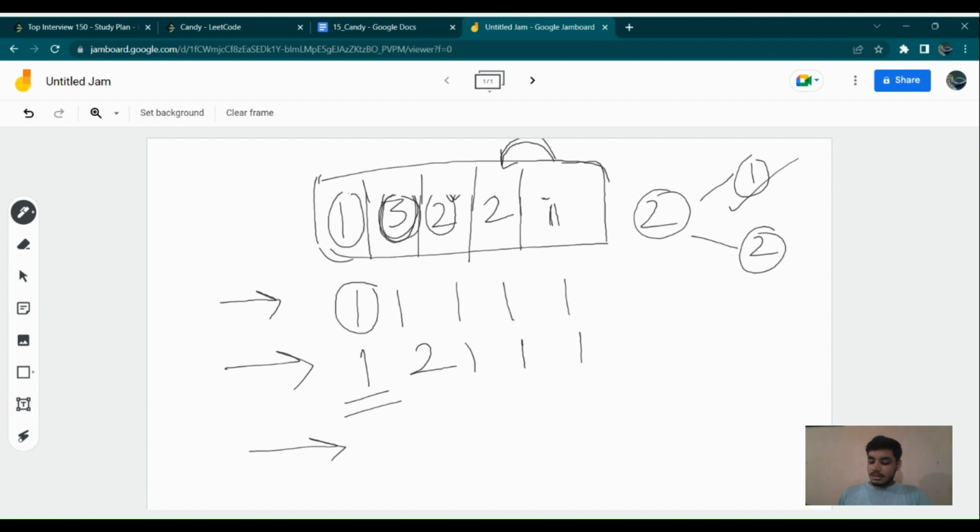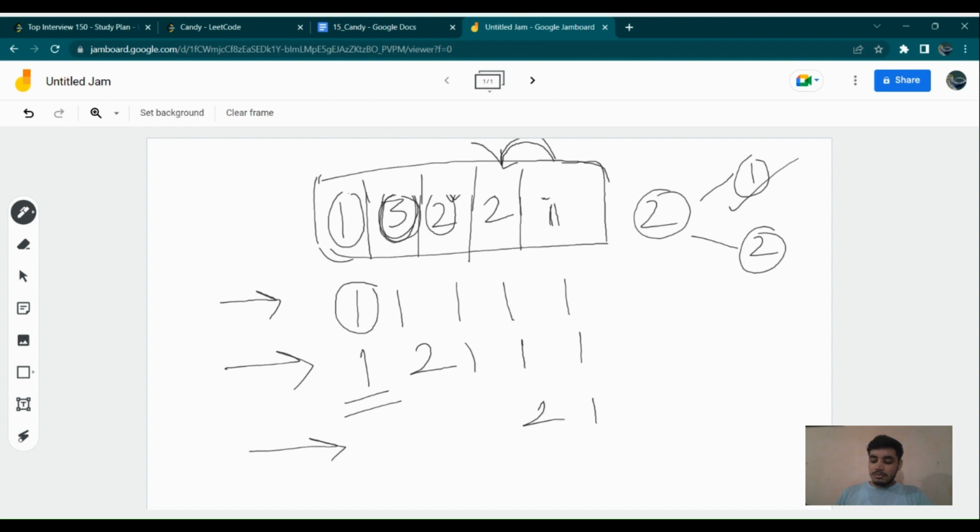The previous one is 1, because I already discussed that if you are going to start and you want the minimum, you will start with the minimum. So the minimum is 1, we will start with the minimum. Now the second is higher, so what we have decided is to increase by the already existing amount of candies for the first one plus 1. So it is going to be 2.